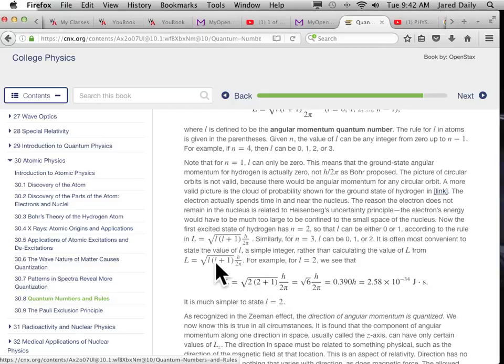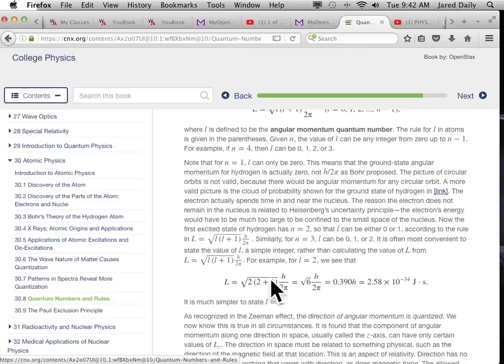L equals the square root of little l times l plus 1, times h over 2 pi. That's where the quantum number comes in. So that will calculate the angular momentum for any particular L that your electron might be in.